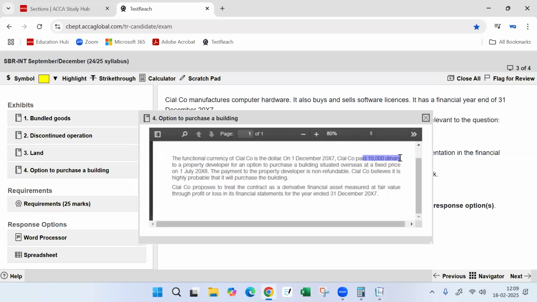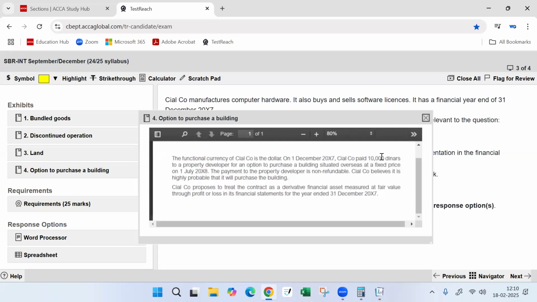Clear? However, will this asset of 10,000 be retranslated at the year end? No, it cannot be retranslated. Even though it is in foreign currency, you have paid a prepaid asset as an advance for the building. Why can't it be retranslated?